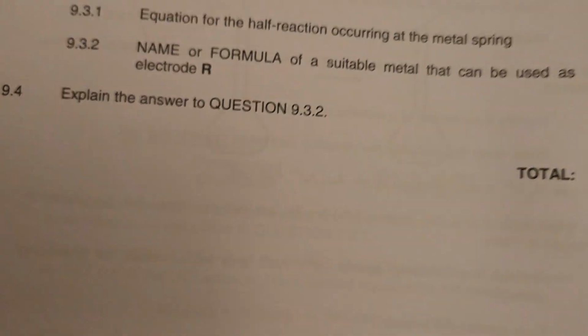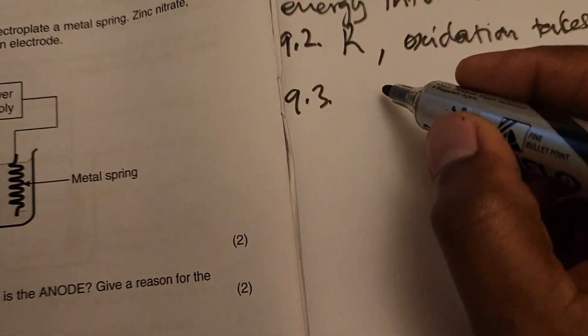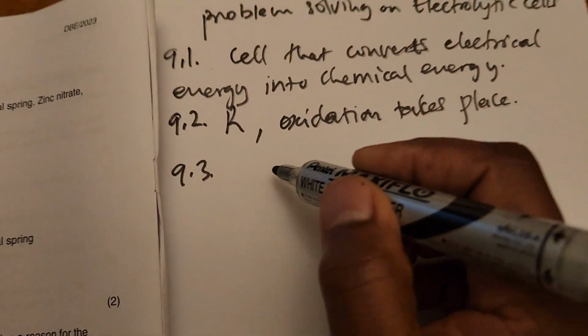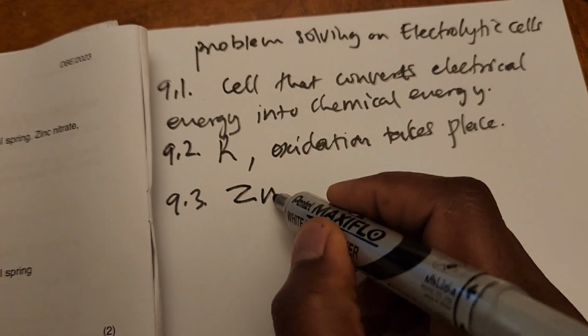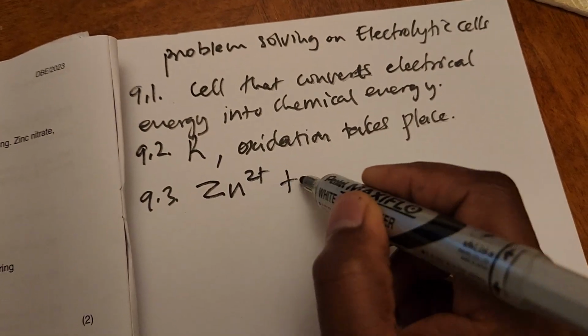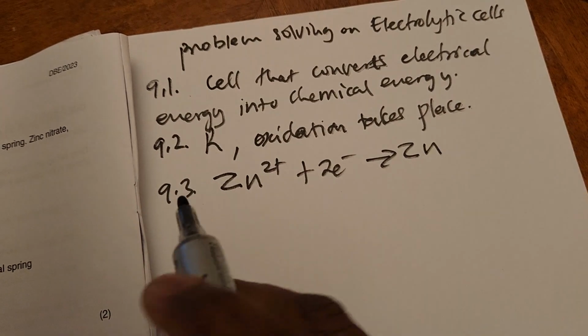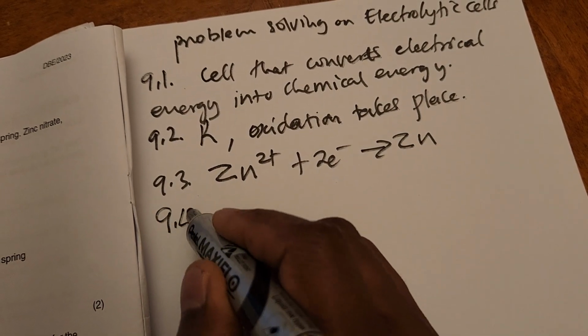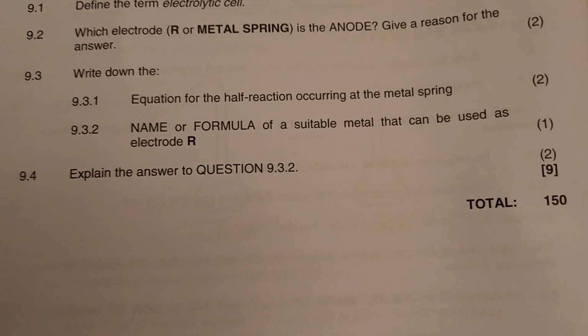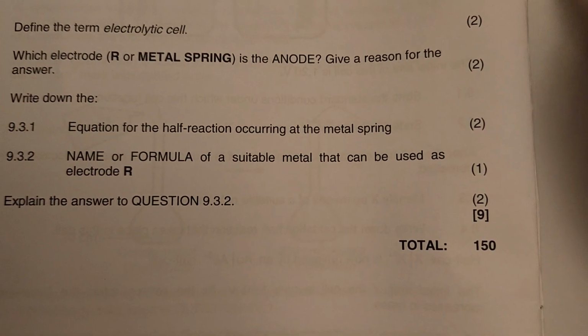That's the equation that we will now be copying from the formula sheet. The reduction, we've copied the forward reaction. Forward will say zinc ions plus 2 electrons forms the zinc metal.